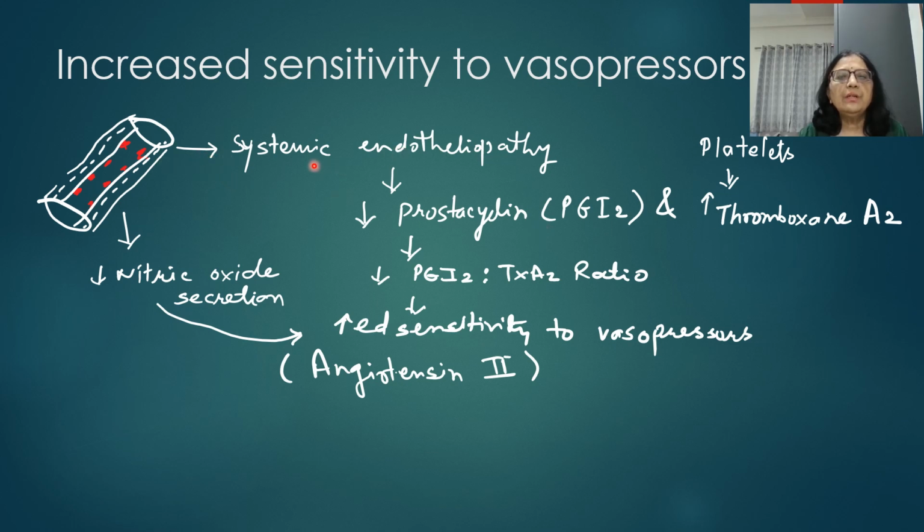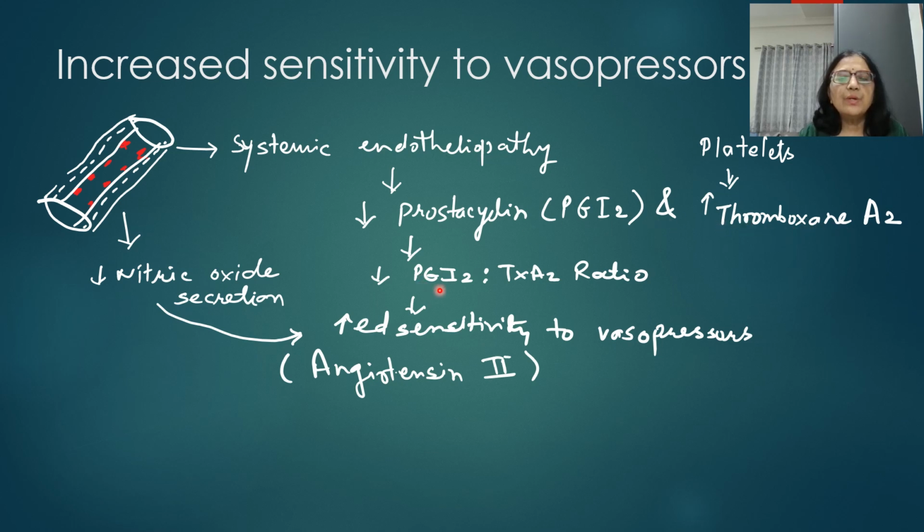Systemic endotheliopathy increases the sensitivity of the blood vessels to vasopressors. It is because normally the endothelial cells are secreting prostacyclin, that is PGI2, which is a vasodilator. But whenever there is an endothelial cell damage, there is a reduction in the release of prostacyclin by the endothelial cells. On the other hand, platelet aggregation takes place here with a small clot formation, and these platelets are secreting more thromboxane A2, which is a vasoconstrictor.